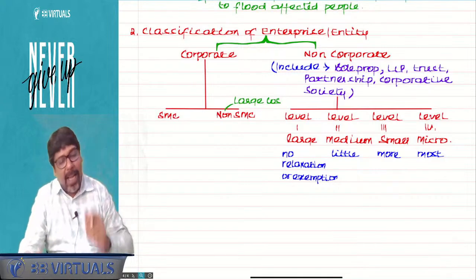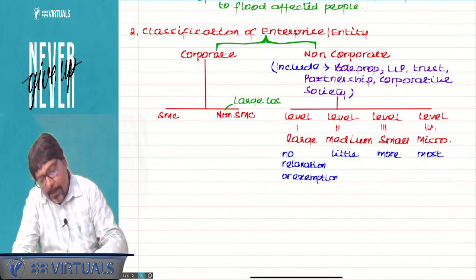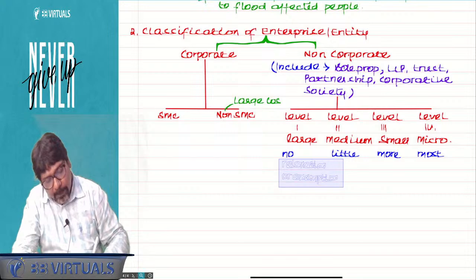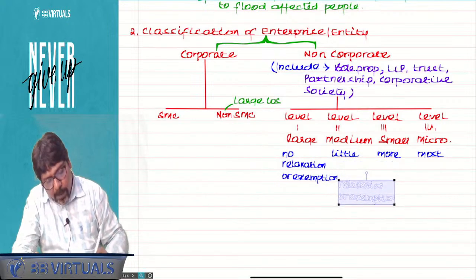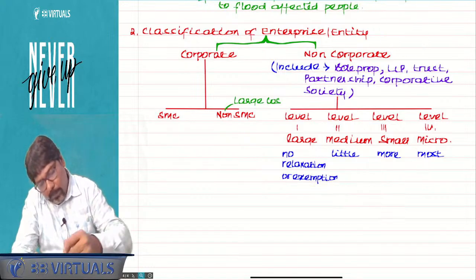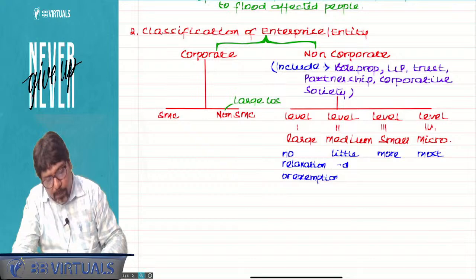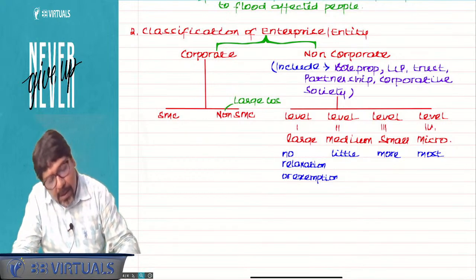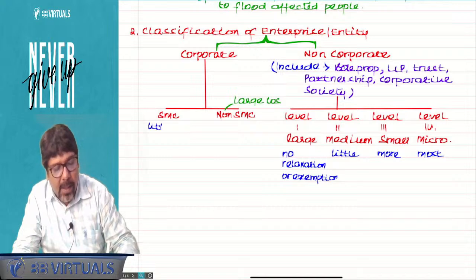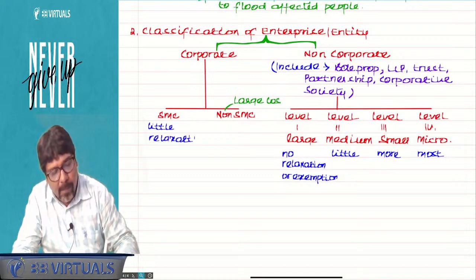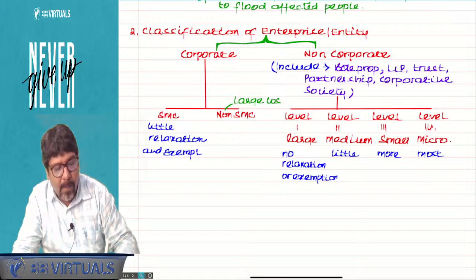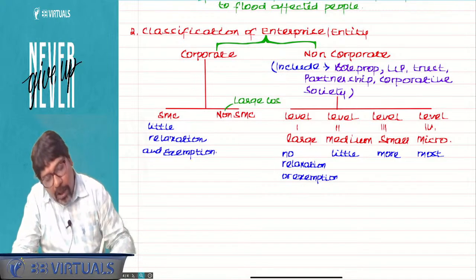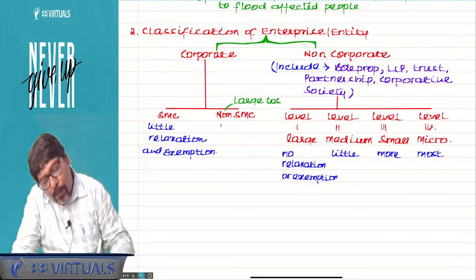Understood? Yes or no? So SMC, small and medium size: little relaxation and exemption. Correct. Non-SMC: fully applicable.